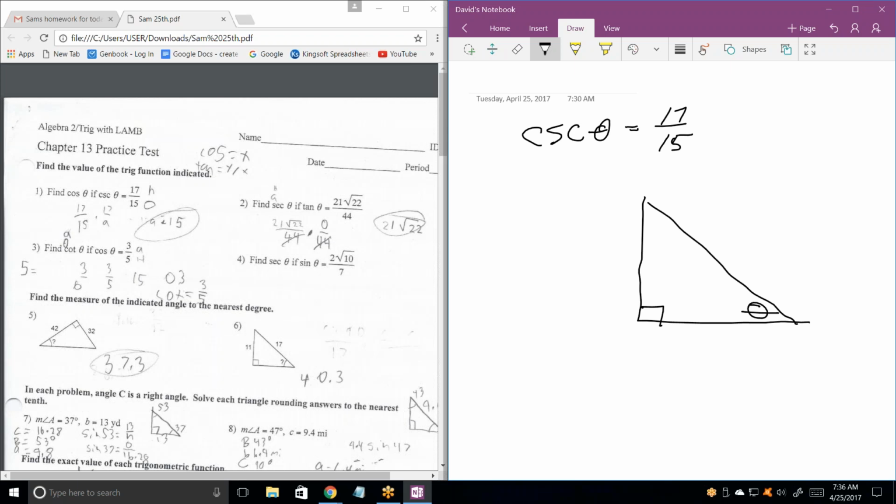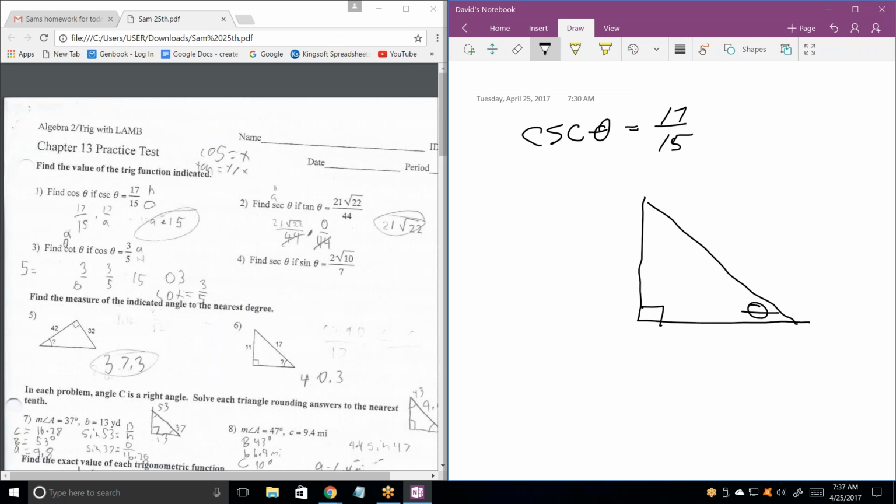Okay, so we've got the cosecant of theta equals 17 over 15. I've got a triangle and I want to dimension two sides of it based on that cosecant. What two sides can I dimension? The hypotenuse and the opposite.